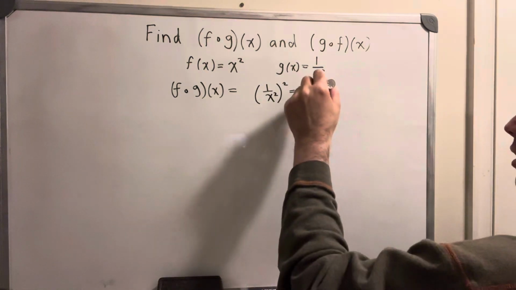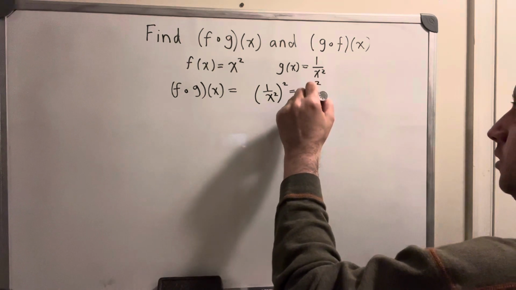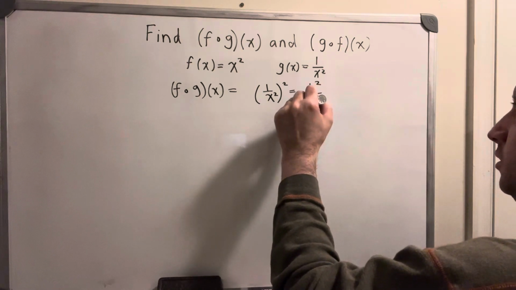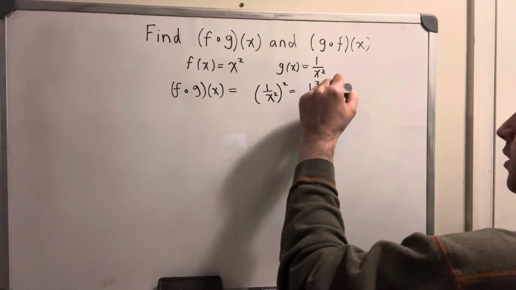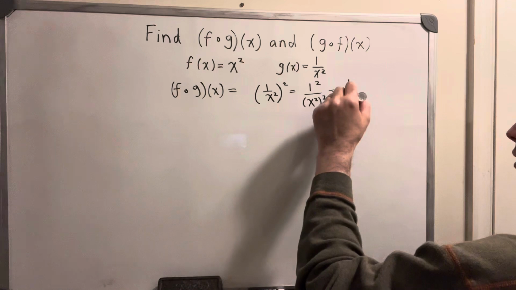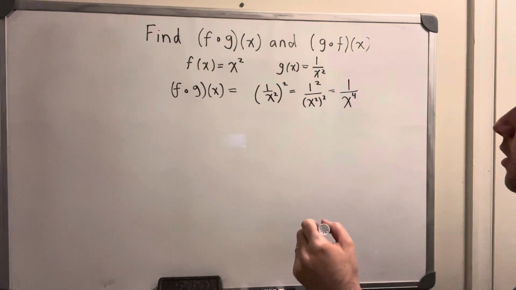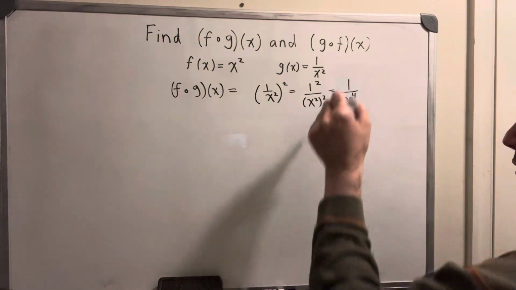So this is 1 squared over x squared squared, which is 1 over x to the 4th. 2 times 2 is 4.